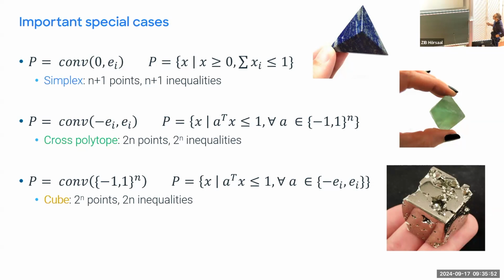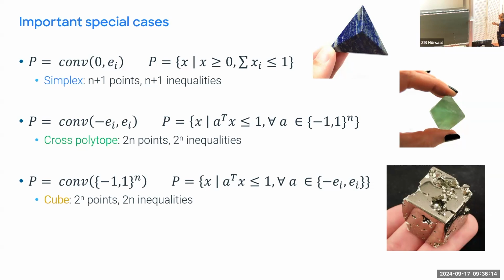Here you see these two different representations. That would be called a cross polytope. And I'm not sure how clearly you can see it here on the slides. It's essentially the convex hull of all these plus and minus unit vectors e_i.